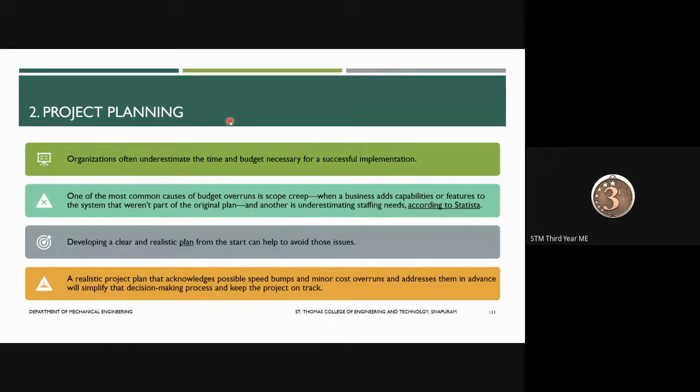Next, under project management itself, the main challenge that occurs is project planning. So what is under project planning? Planning always includes time. Okay, we will be giving a span of 3 months. We'll include in planning, so if you're forecasting such a plan, we'll be having some planned operations.